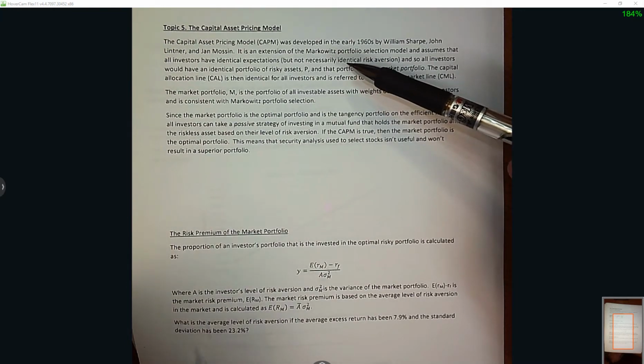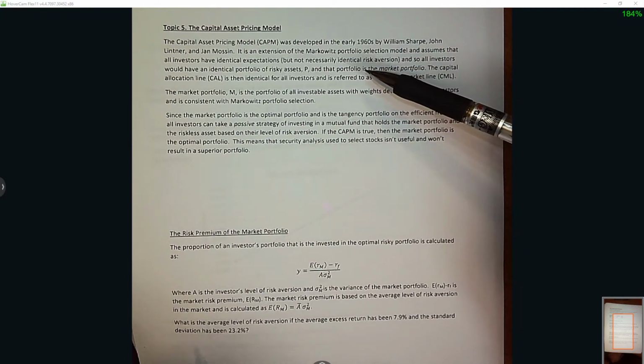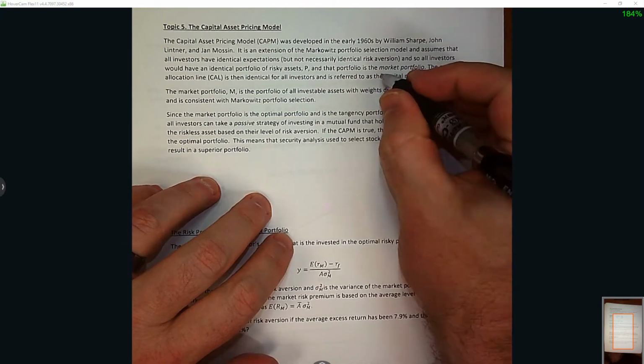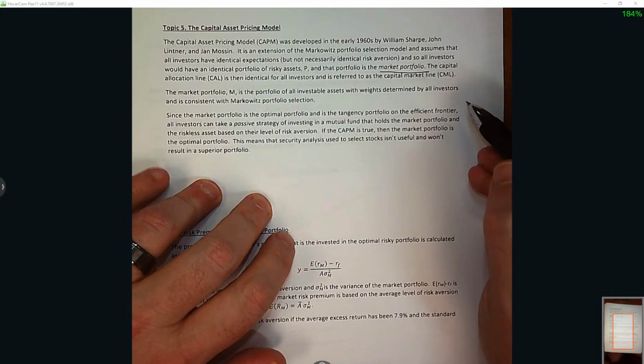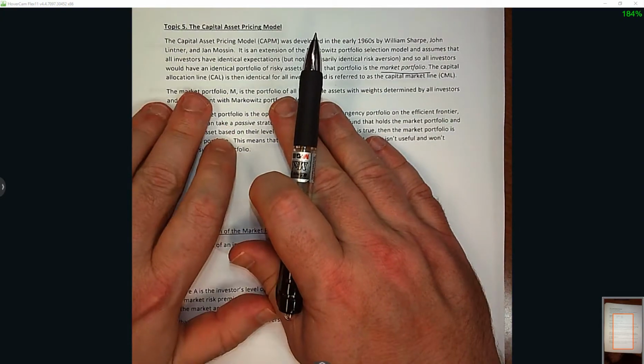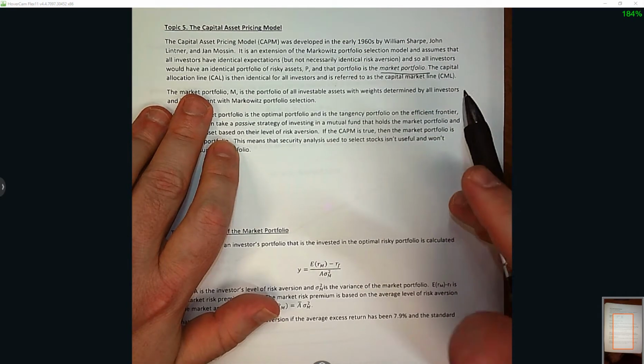So it's an extension of the Markowitz portfolio selection model and assumes that all investors have identical expectations, but not necessarily identical risk aversion. And so all investors would have an identical portfolio of risky assets, P, and that portfolio is the market portfolio. The capital allocation line is then identical for all investors. So if you think back to a few lessons ago, I showed you the capital allocation line.